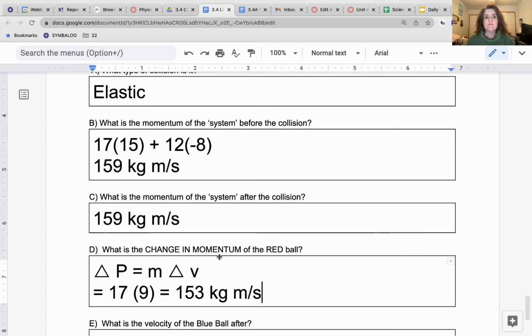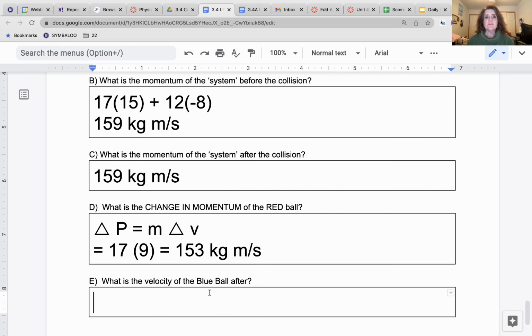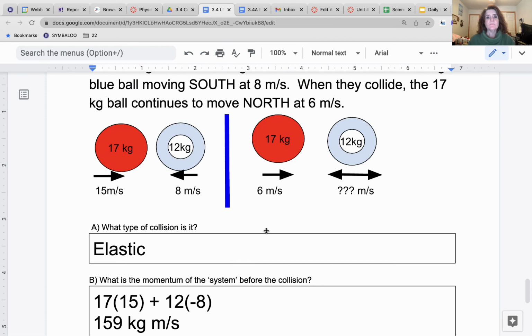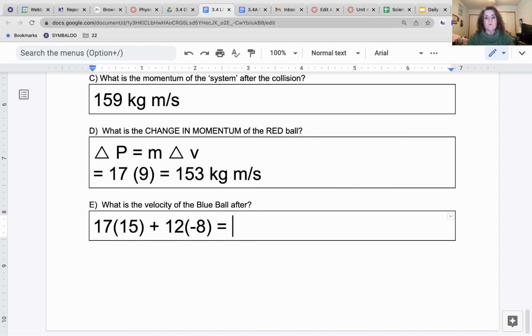And then finally, we have to figure out the velocity of the blue ball. Well, we've got to go back up to our situation and realize that we have the momentum before, 17 times 15 plus 12 times negative 8, should equal 17 times 6 plus 12 times something we don't know.